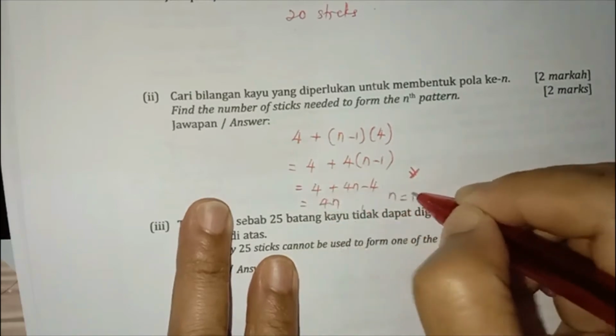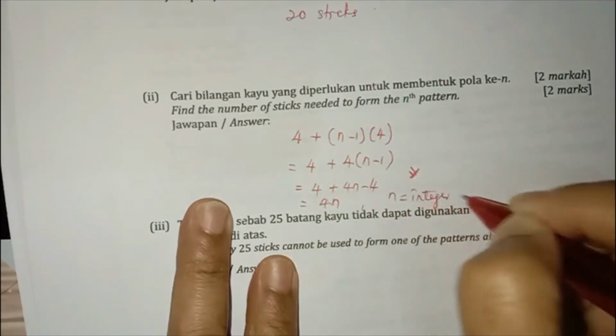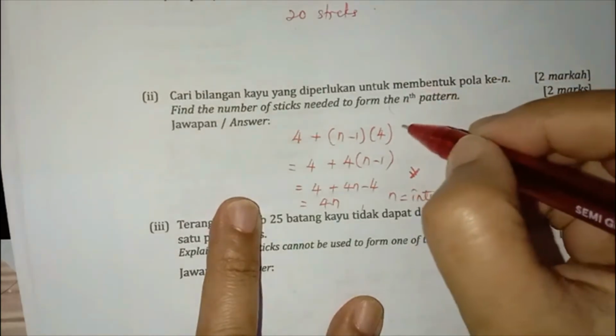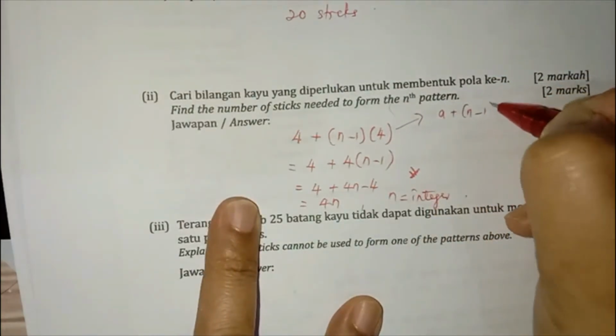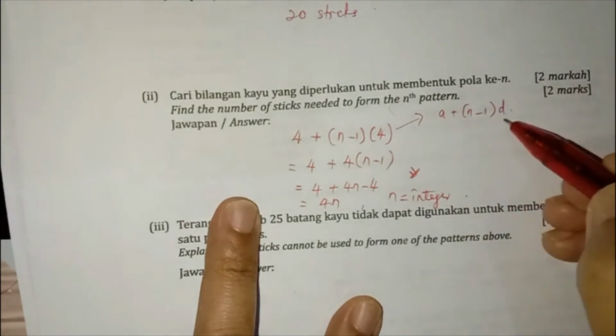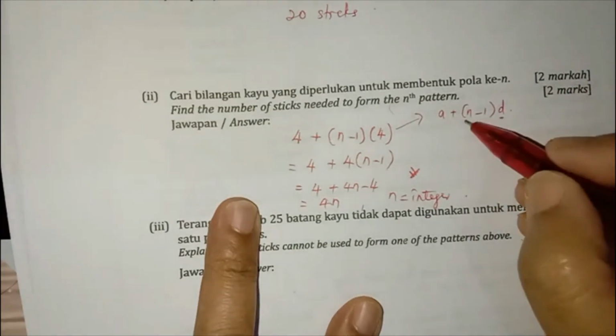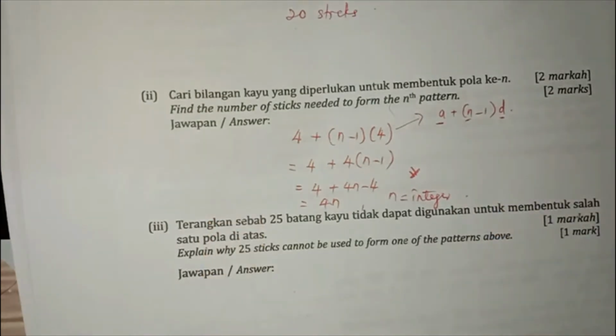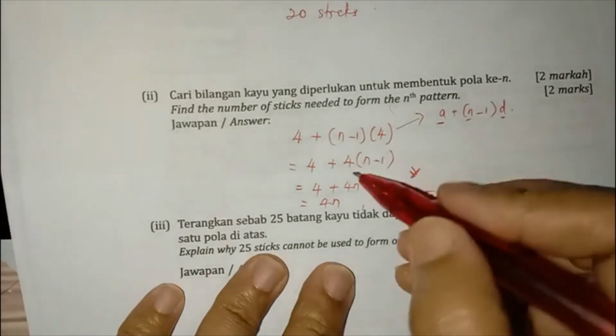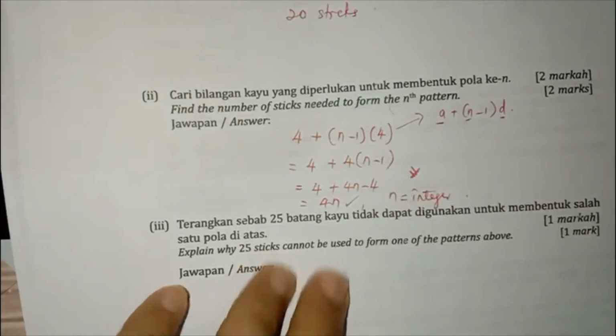N is an integer. Actually there's a formula: a plus n minus 1 times d, where d is the difference, n is the number of terms, and a is the first term.